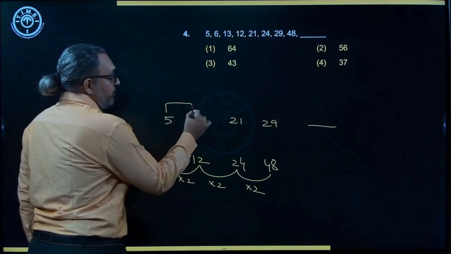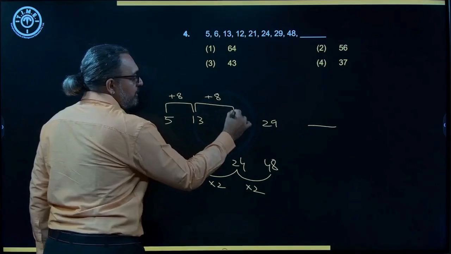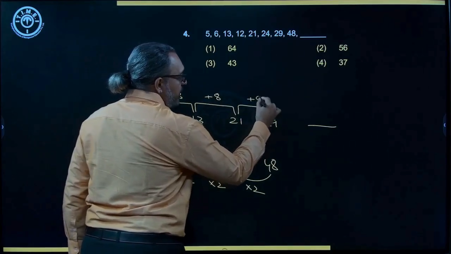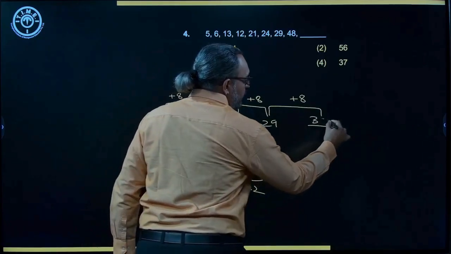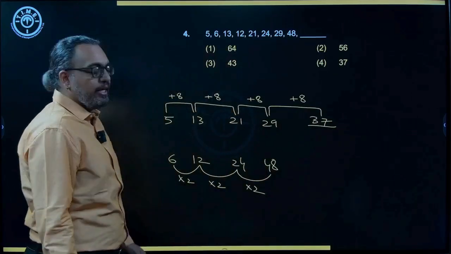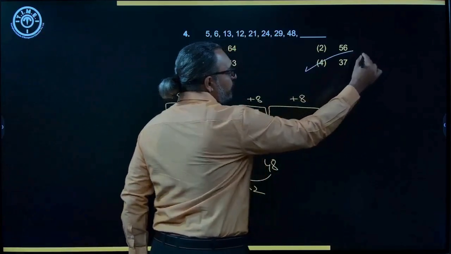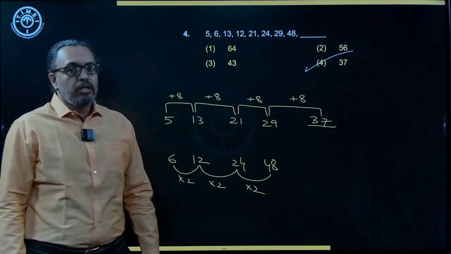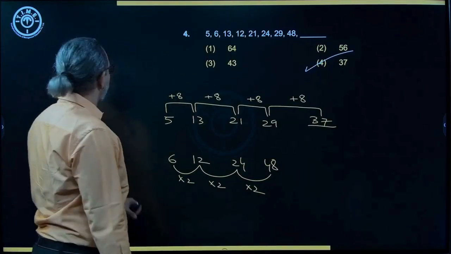So you take addition. This is plus 8, then this is again plus 8, then this is again plus 8. So now you again have to add plus 8. So it is going to be 37, correct? And that is available to us in choice 4. So that is how you have to consider. Okay, right.